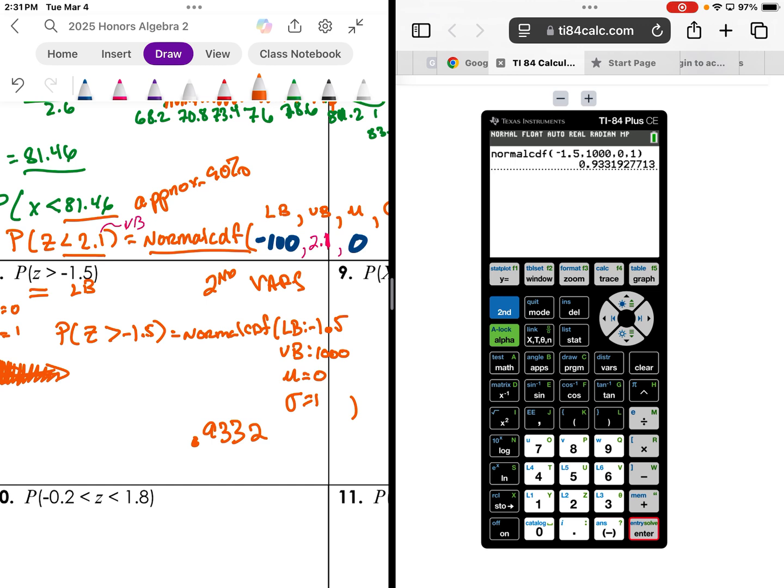Now, we're halfway between -1 and -2, so if 13.5 is the whole zone, what's half of 13.5? 6.75. Now I add up those three numbers together. What is 84 plus 6.75? 90.75. Is that roughly about what I got up there?